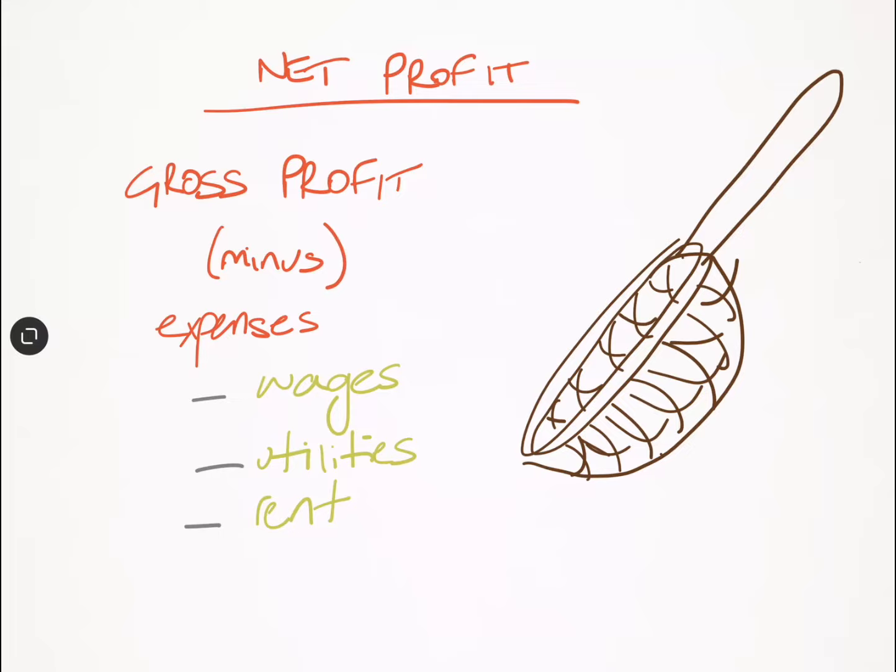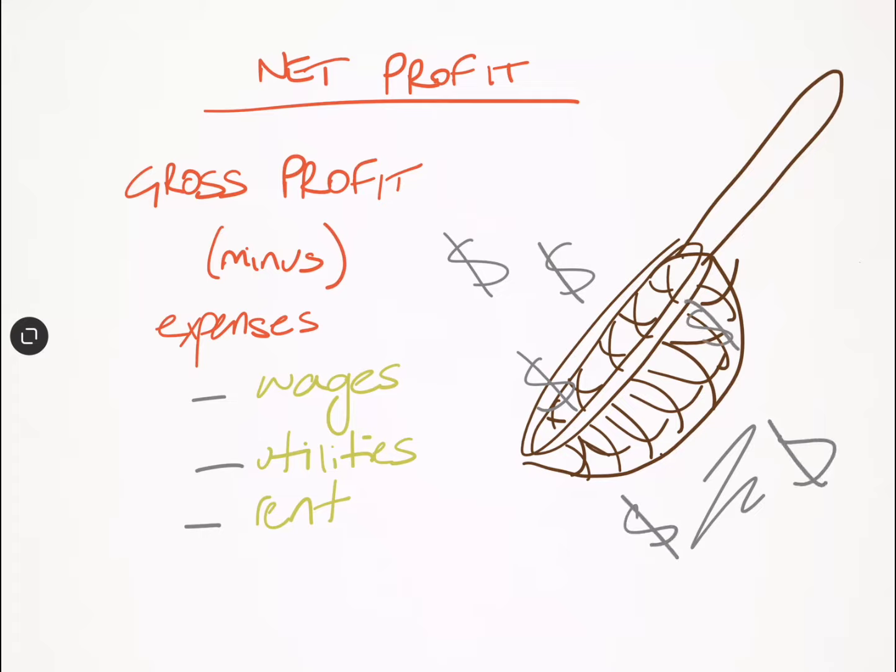Now, the best way I can explain the net profit being basically what's left at the end of everything being removed is through using a net. So imagine a net that a fisherman might use, or anything that might use a net really to sieve things. Any expenses that flow through, fall through the net.